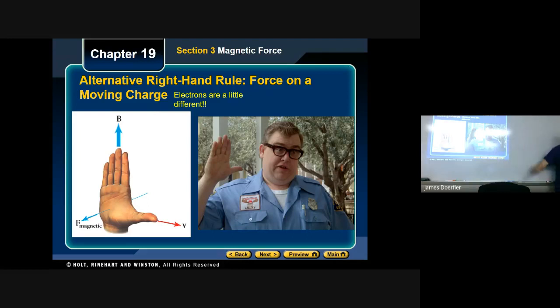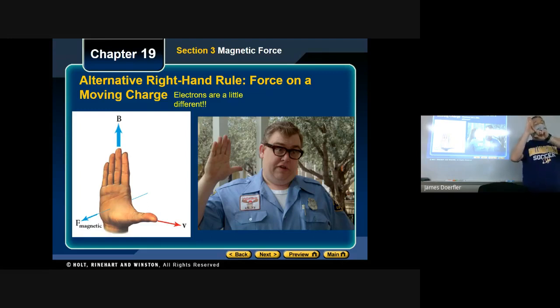Electrons, okay, are different. Mostly when we're talking about this alternative right-hand rule that we see here, that's where we deal with protons. Electrons differ in the direction of the magnetic force.